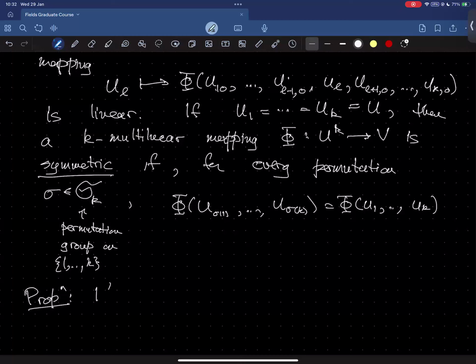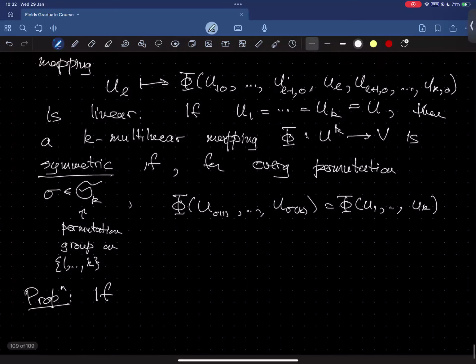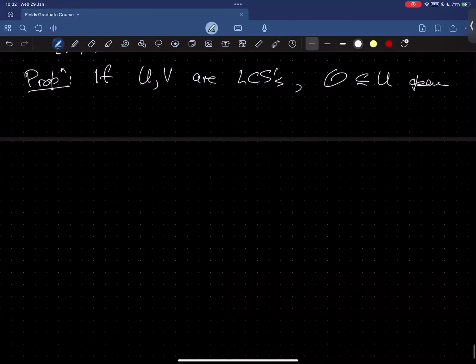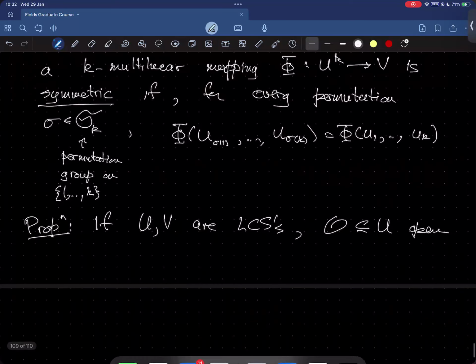Let me go back to our original setup. We were just talking about algebra, so now let's return to our calculus setup. U and V are LCSs, O is open, and I'm going to assume that phi is of class C^k.